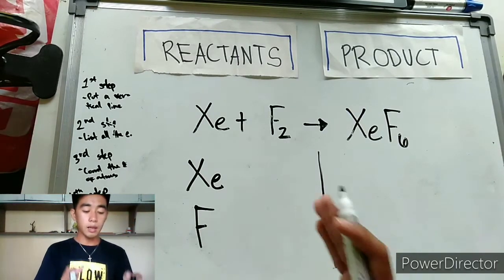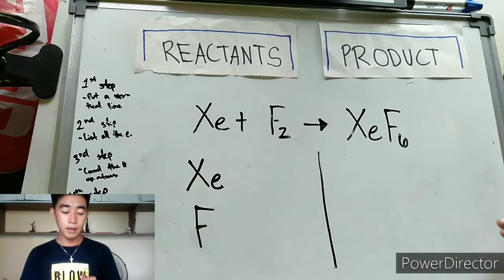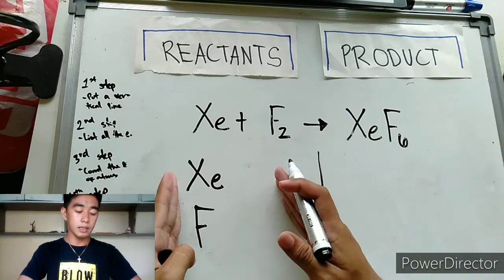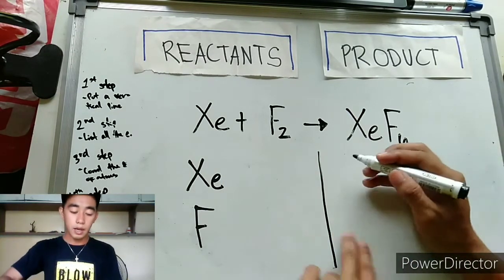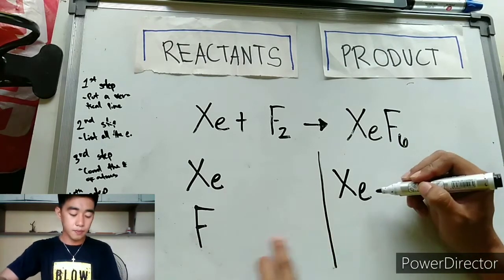So again, kung ano yung mga elements present dito sa reactants, ay present din siya dito sa product. And para hindi tayo mahirapan mamaya kapag nagbabalance na tayo, dapat kung ano yung order ng pagkakasulat natin ng mga elements dito sa reactants, ay ganun din yung pagkakasulat natin dito sa product. So, inuna natin yung xenon, unahin din natin dito yung xenon.